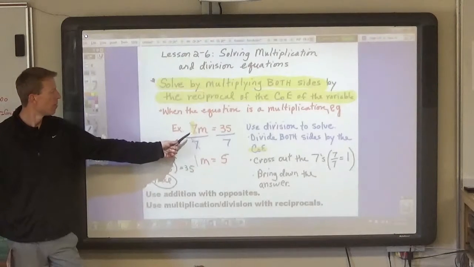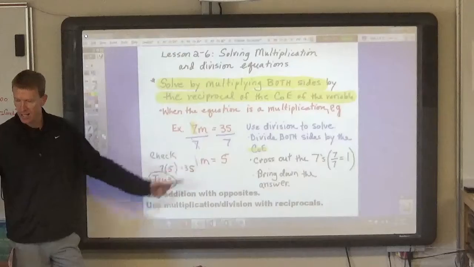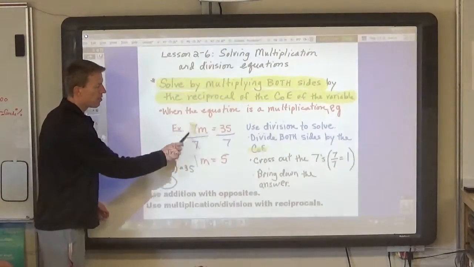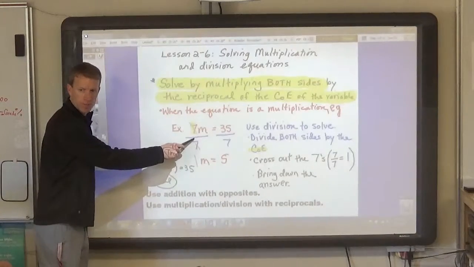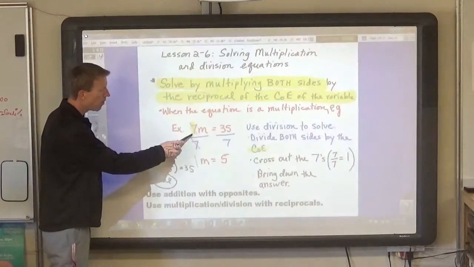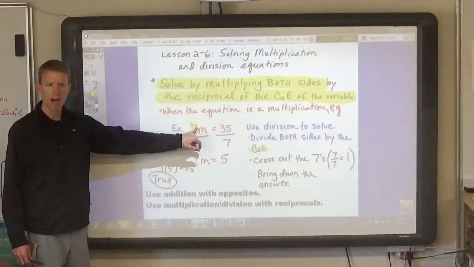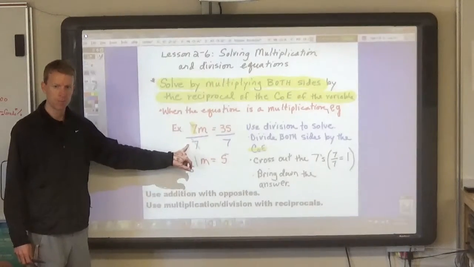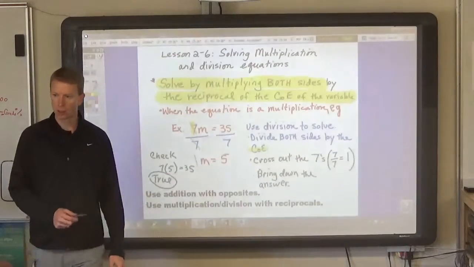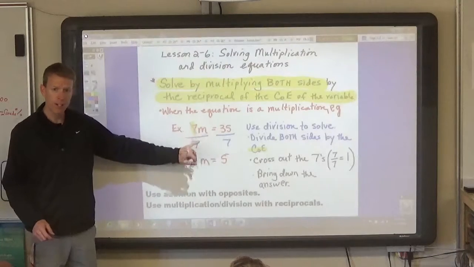And then multiply the coefficient by its reciprocal. The coefficient of this one is 7, isn't it? You just took a quiz on that. The coefficient is 7, and if we multiplied 7 by 1/7, we get 1. Now we're going to show that multiplication process by writing 7/7.